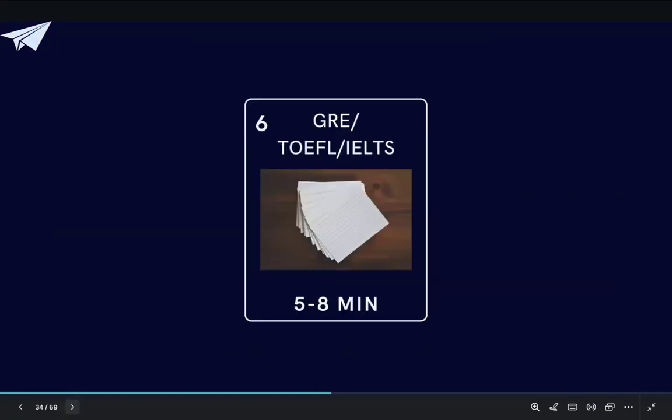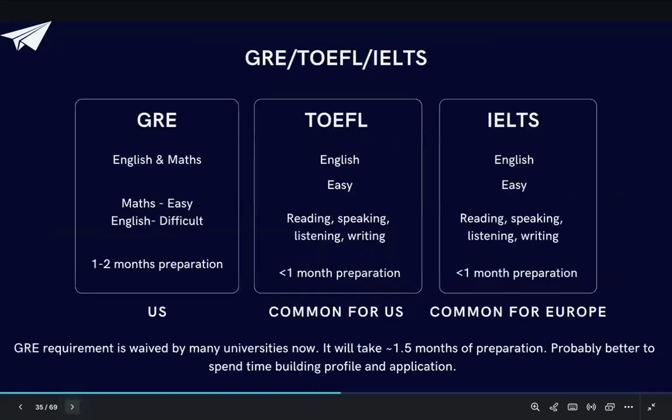I'll now talk about exams: GRE, TOEFL, and IELTS. So if you do plan to give a GRE, and if the university that you're applying to requires the GRE, you can prepare for it. It takes about 2 to 3 months to prepare for the GRE exam. It's a little bit more difficult than the TOEFL and IELTS, which are proper English exams.